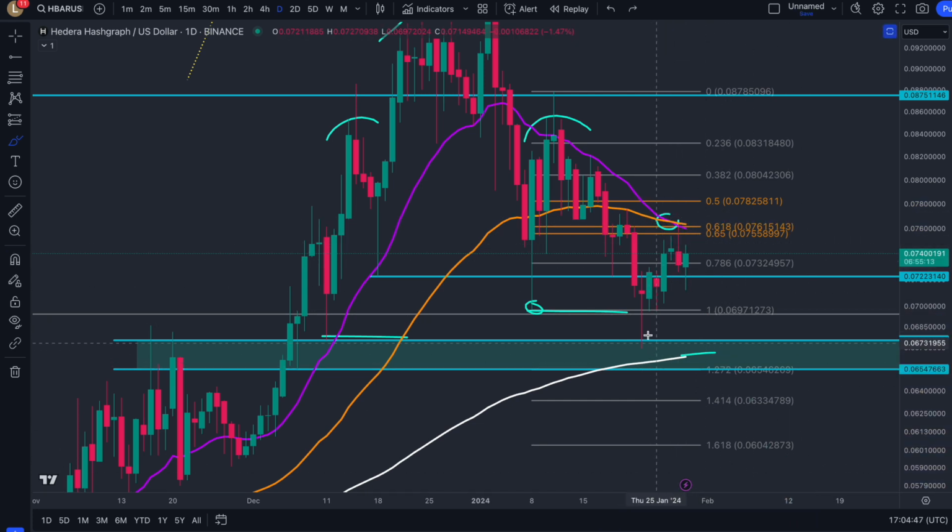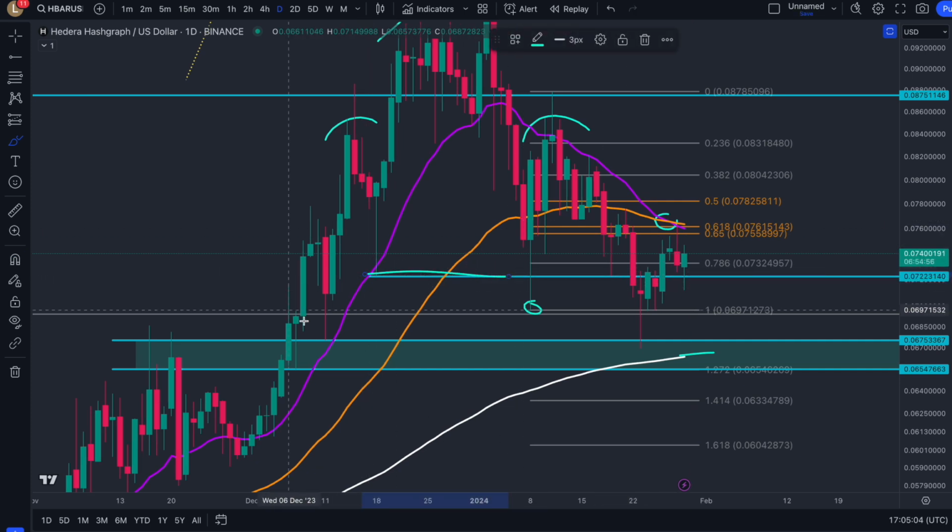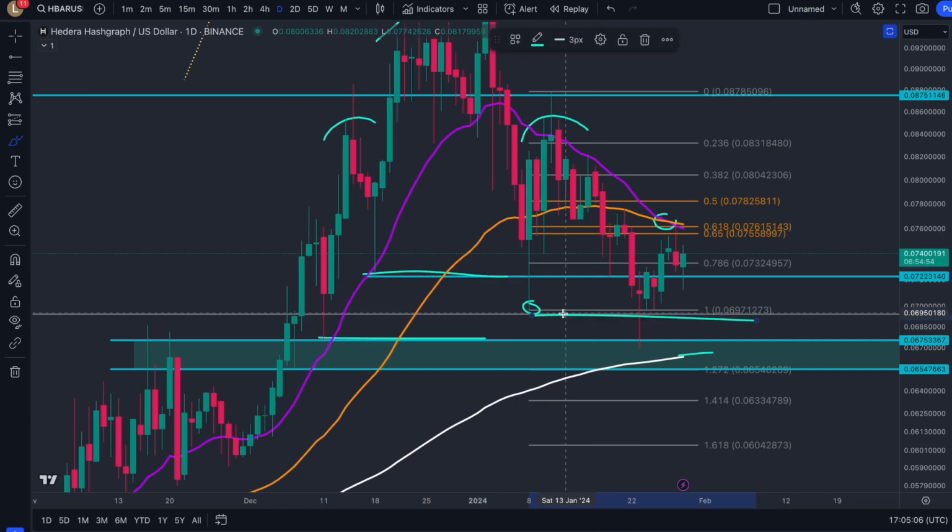However, because we already had that bottoming reaction and we're coming back up into the moving averages and trying to invalidate any further downside, we actually need to reject this point at first, and then it just forces that bearish cross. So yes, people will now assume it's just going down, but this is not the case, as we have all these levels of supports protecting us at the moment.